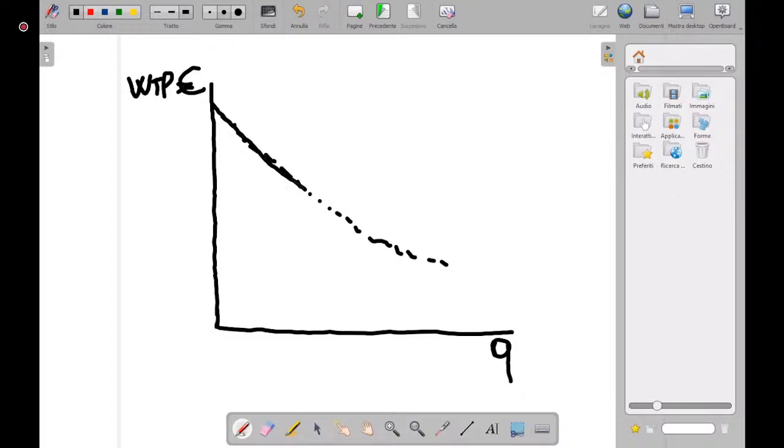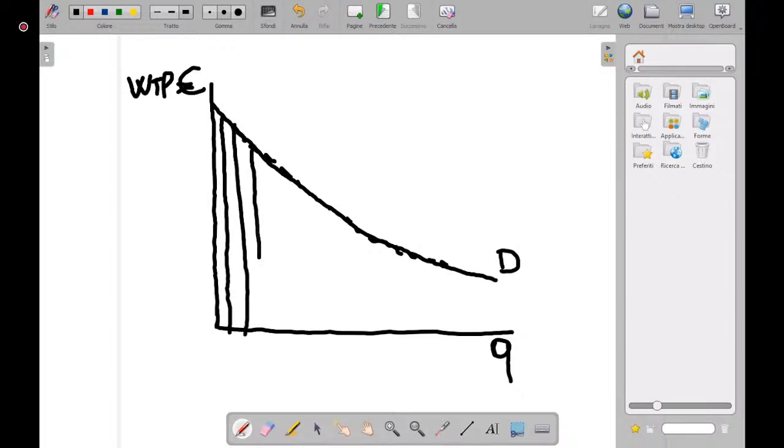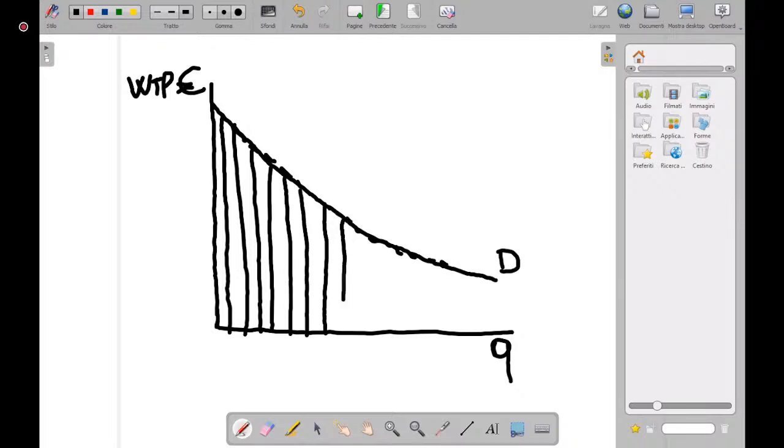So I have a demand curve also for this kind of good without the market price, and if I sum up all the willingness to pay, I will obtain the total value for the population that I have considered for this kind of environmental good or environmental service. Can you follow?